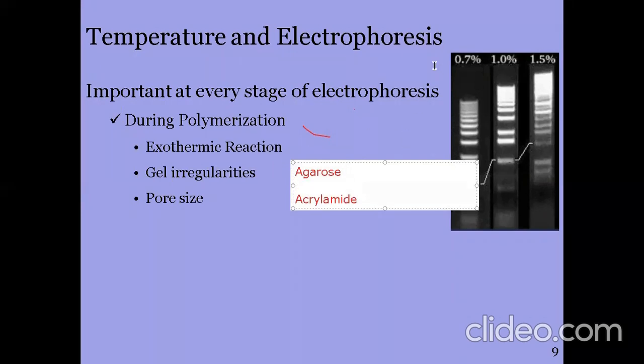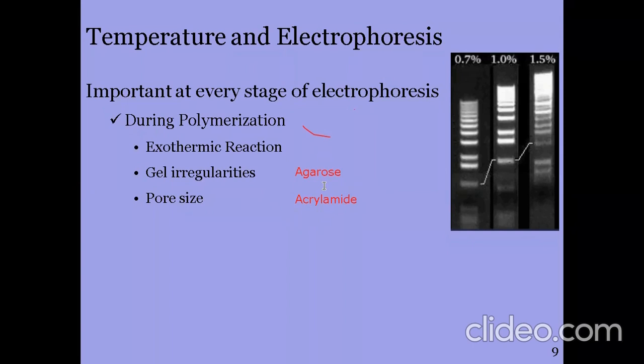Agarose normally has a larger pore size. Acrylamide has a smaller pore size, and these two types of gels also depend on the concentration of the agarose and acrylamide, so the pore size depends on that as well.